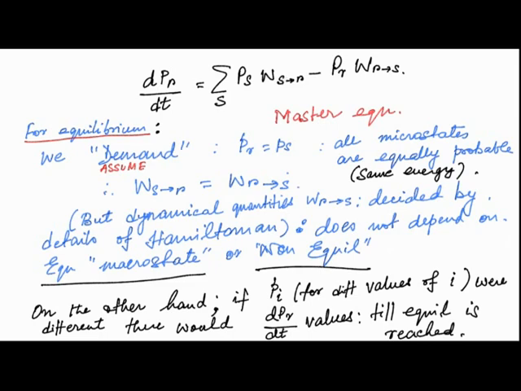Now, remember that previously we had demanded that all microstates have to be equally probable, that the probability of occupation of any microstate has to be equal. So all the P's, PR has to be equal to PS.